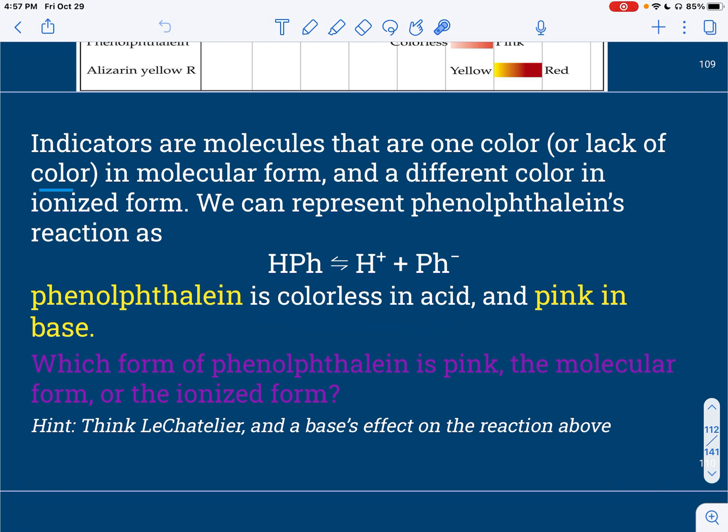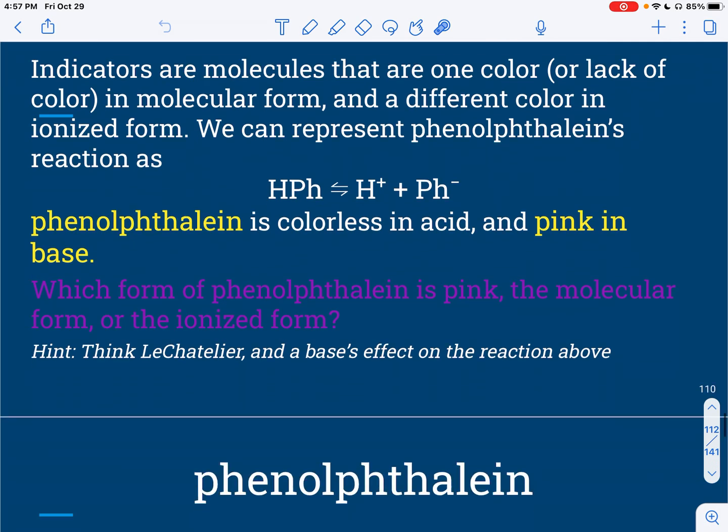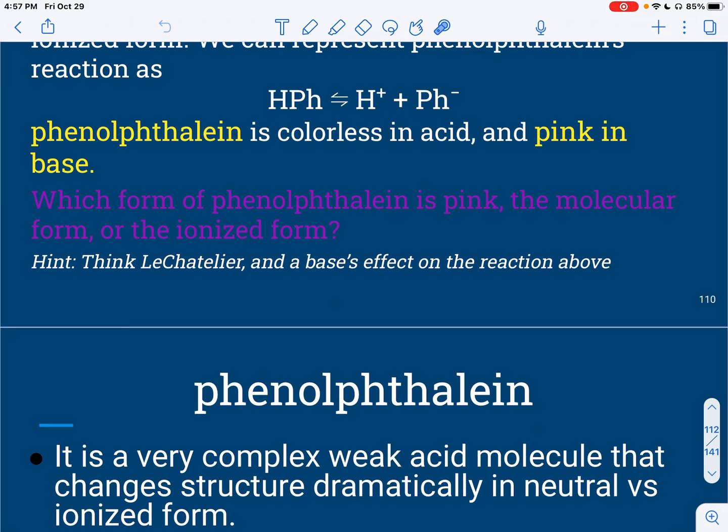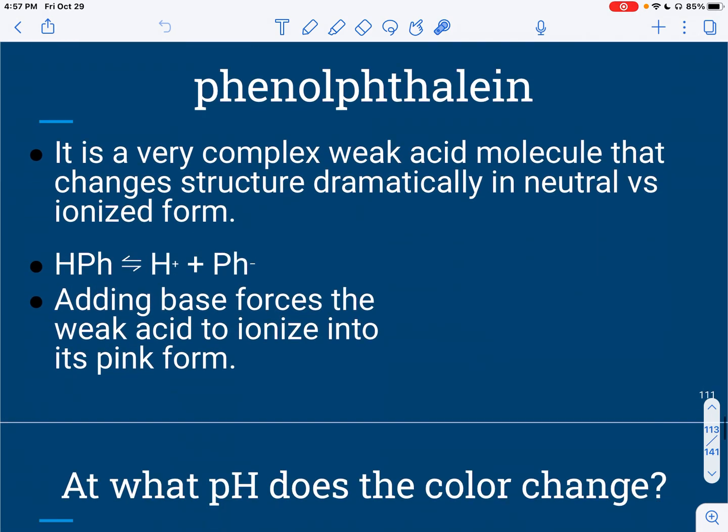Phenolphthalein is colorless in acid and pink in base when it's ionized, okay? And I just told you that. Molecular, colorless; ionized, base. So if you wanted to talk about Le Chatelier, the base would change the direction of the acid.